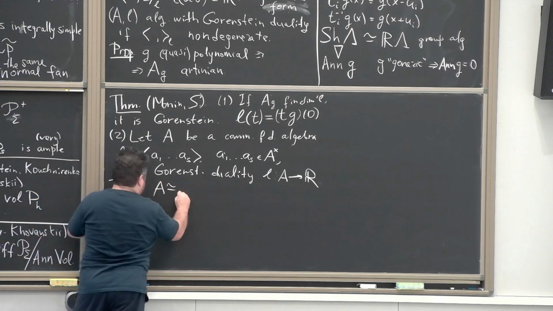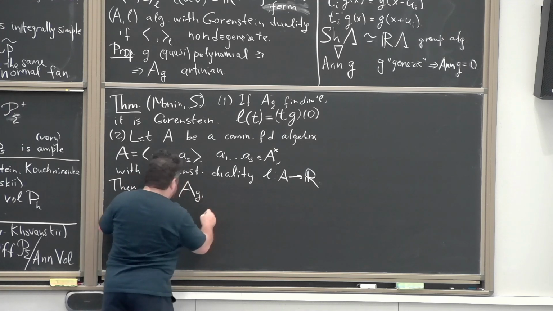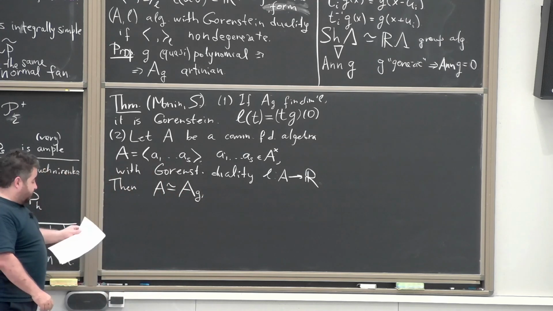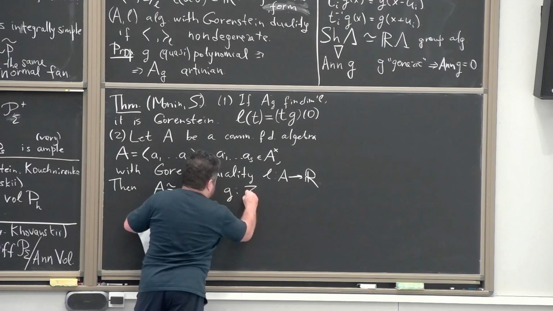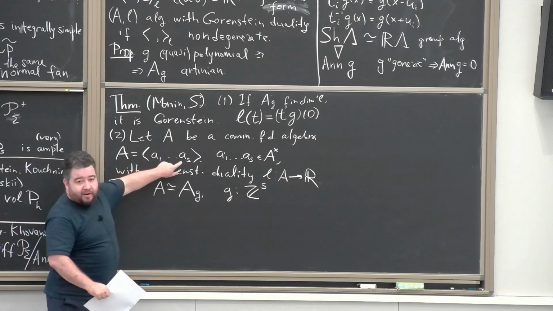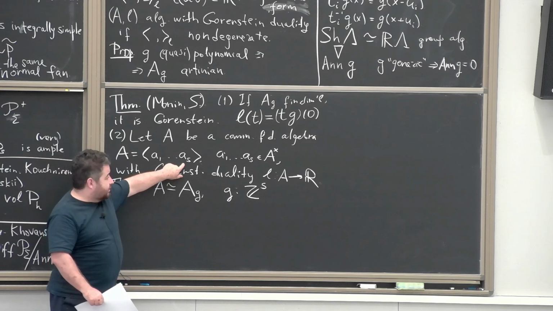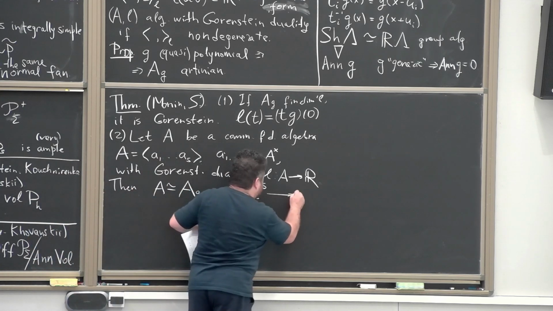And then A is isomorphic to AG, where G is the following function on a lattice: you need to take an S-dimensional lattice, where S is the number of generators, and the map is as follows.